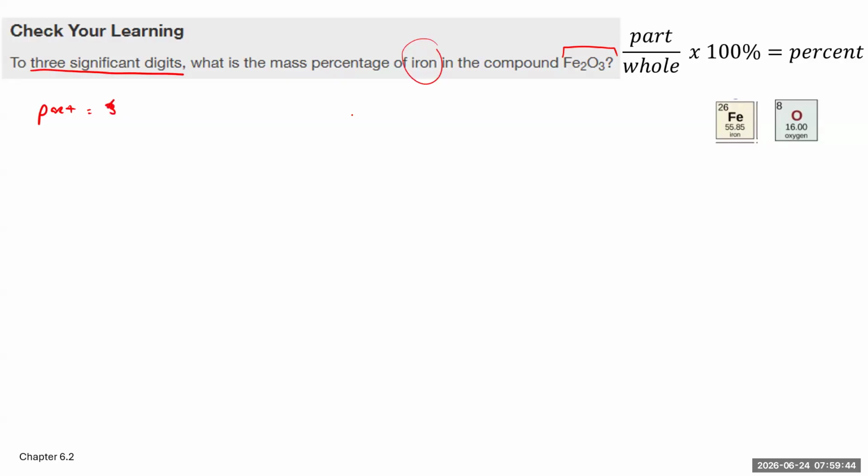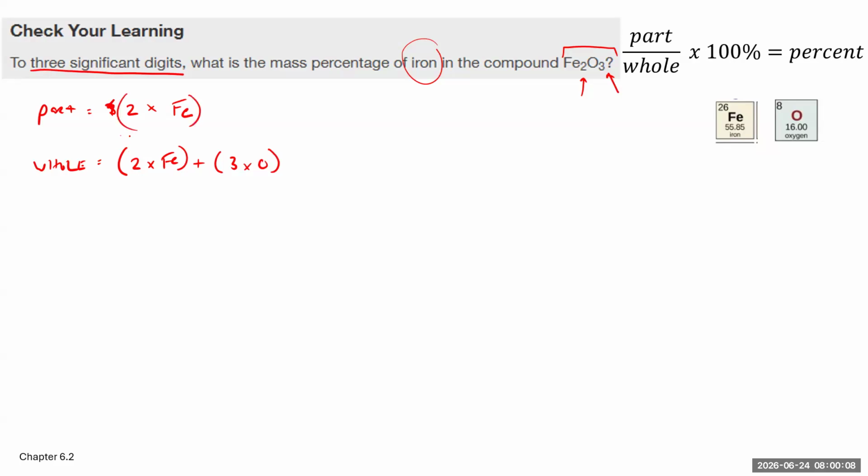You look here, there's 2 irons, right? So 2 times iron. The whole is 2 times iron plus 3, because we have 3 here, times oxygen.